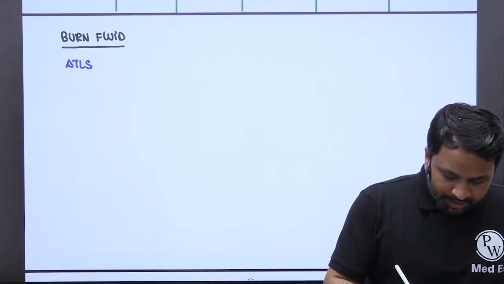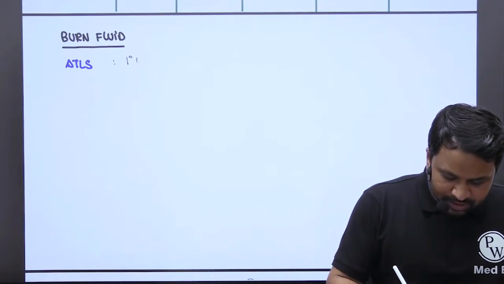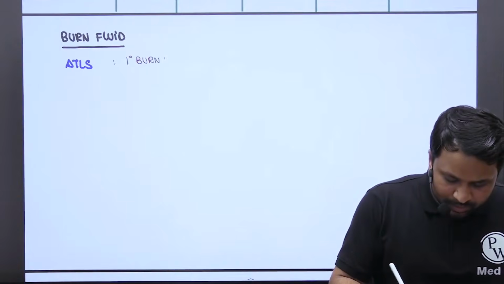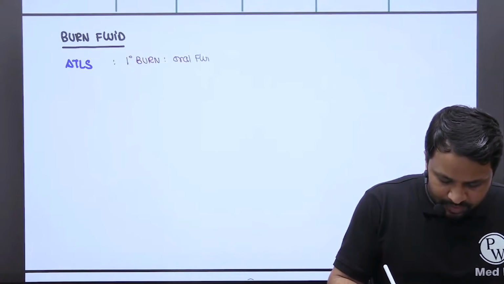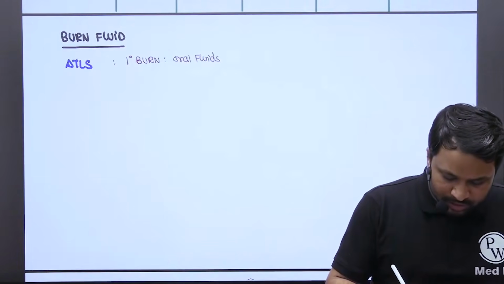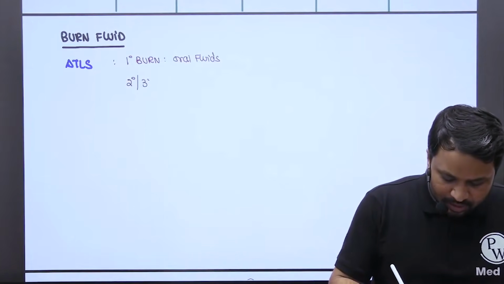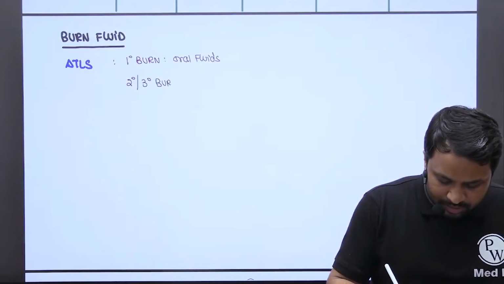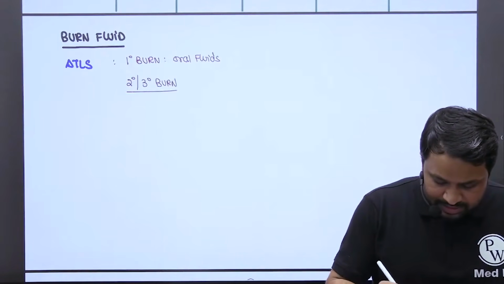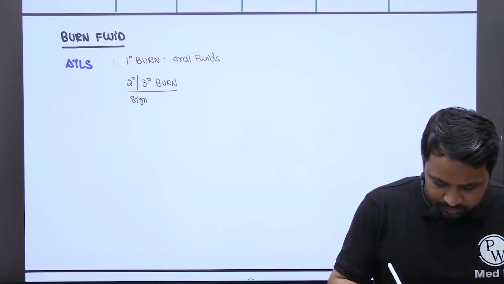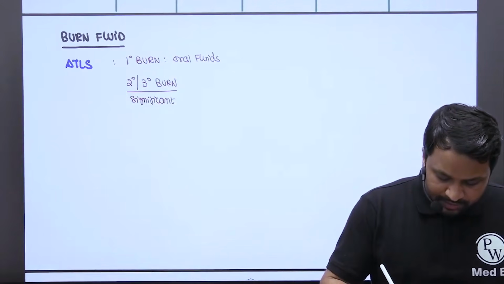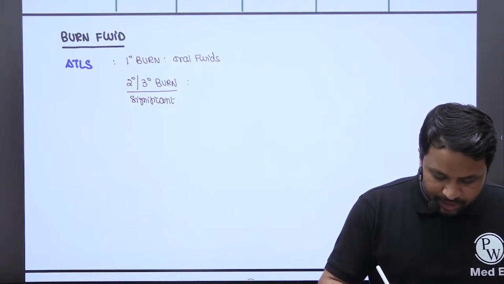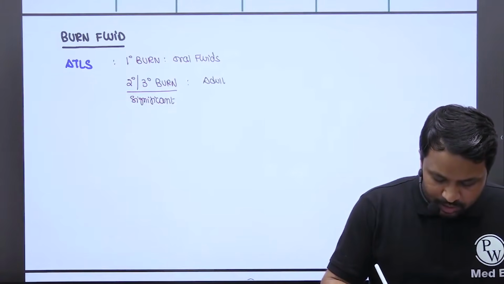According to ATLS, if there is a first degree burn, provide the patient with oral fluids. If it is a second degree or third degree burn, and it is a significant burn, and the patient is an adult, how do you calculate?